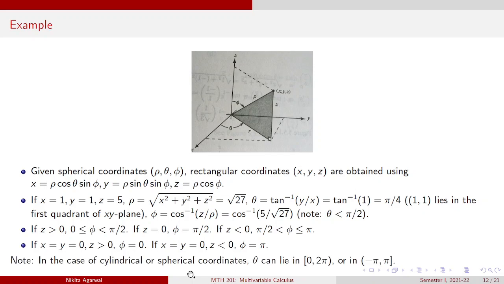In case of cylindrical or spherical coordinates, theta can lie in 0 to 2 pi or in minus pi to pi, right? Same with polar coordinates also. And the idea is that these functions cos theta, sin theta are 2 pi periodic. So you can shift the entire interval by 2 pi. It does not matter, right?